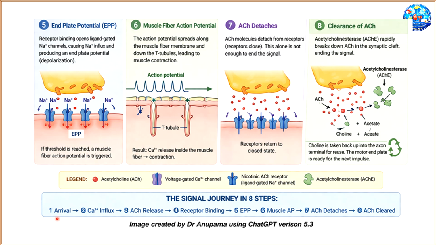Then it reaches the axon terminal. Then calcium influx takes place at the axon terminal knob. Then acetylcholine is released. Then the acetylcholine binds to the receptors. Once it binds to the receptors, it results in initiation of action potential at the muscle membrane.